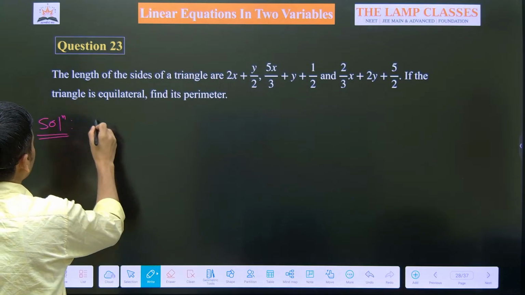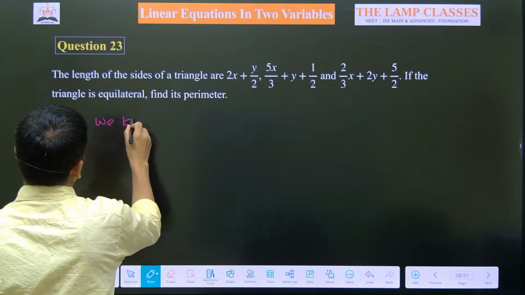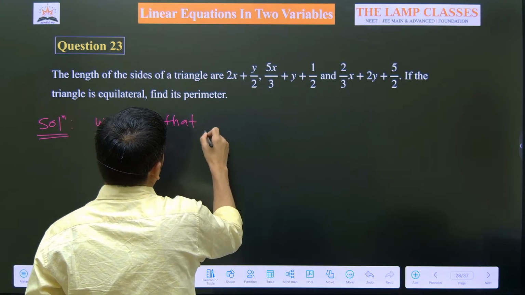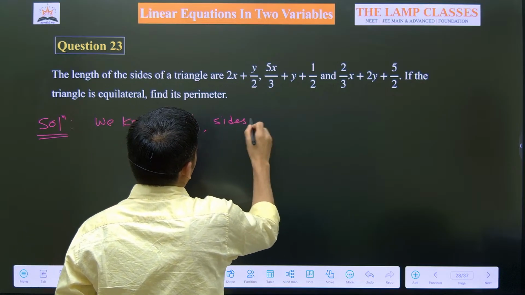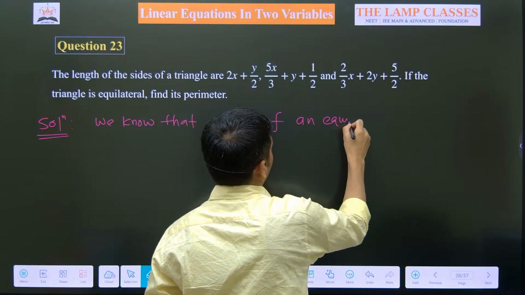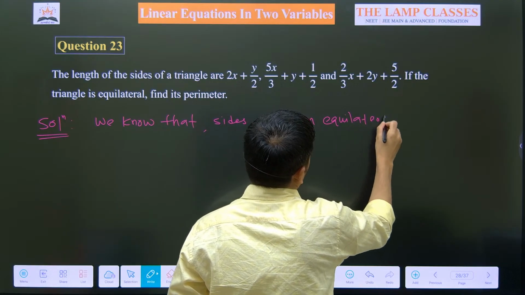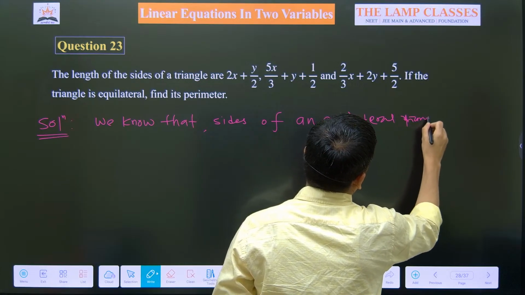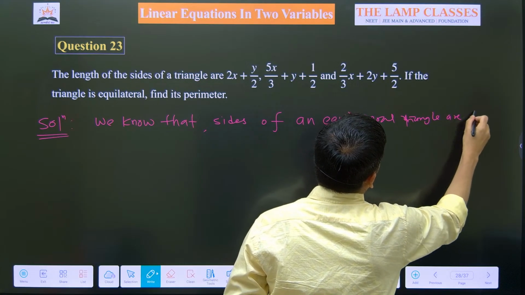We know that sides of an equilateral triangle are equal.